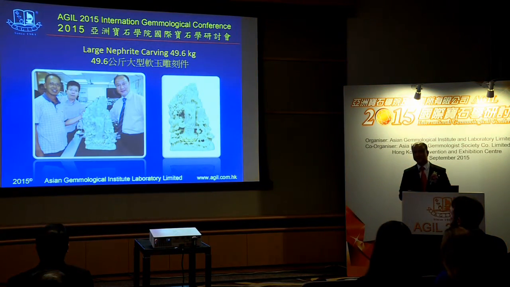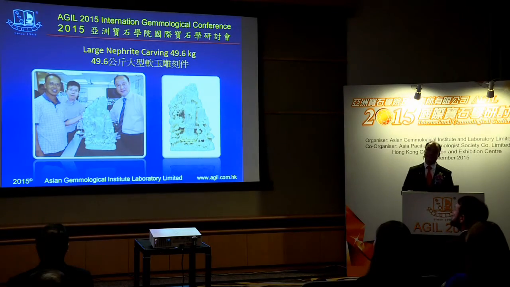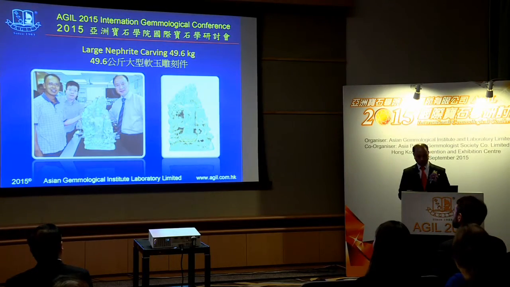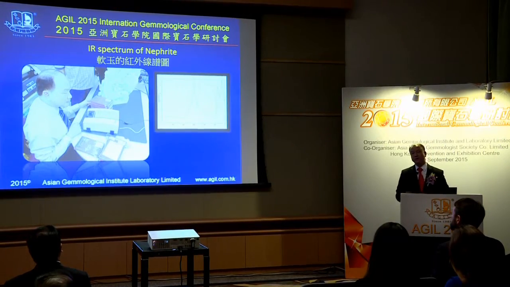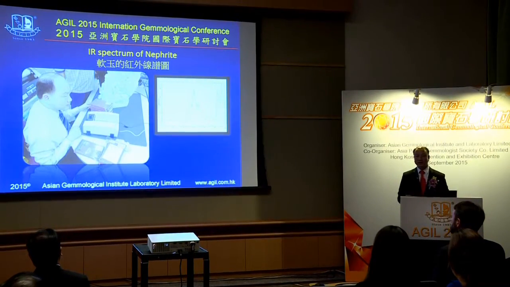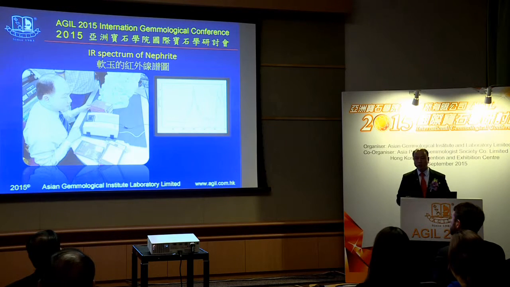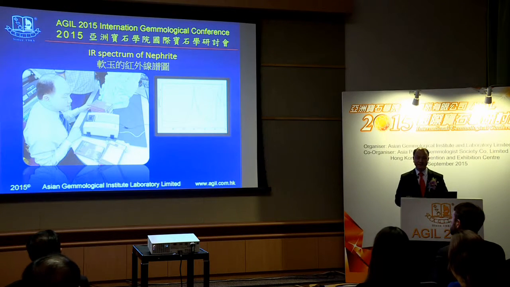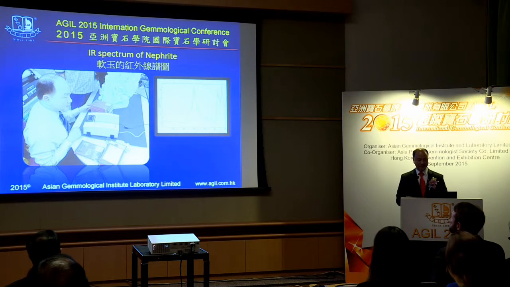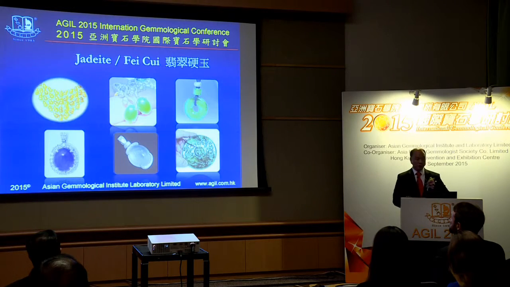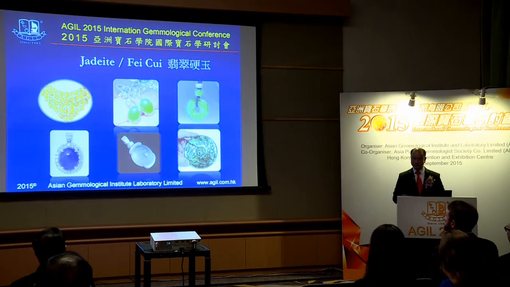Fortunately, we have the infrared spectrometer, which helps gemologists tell almost 100% for sure that it is nephrite.